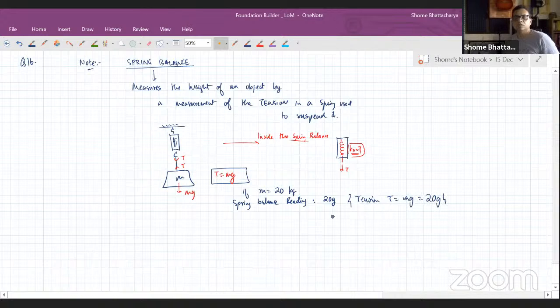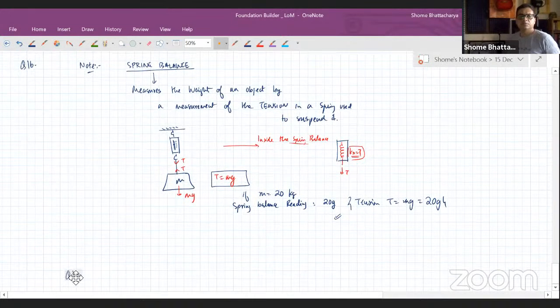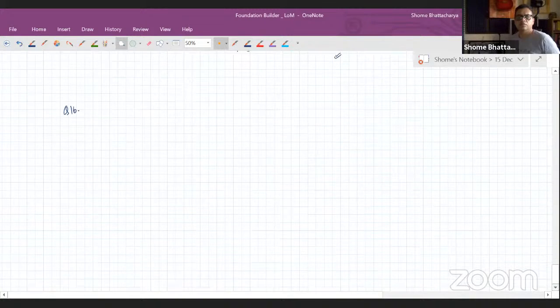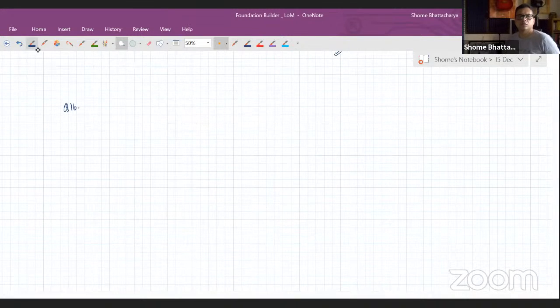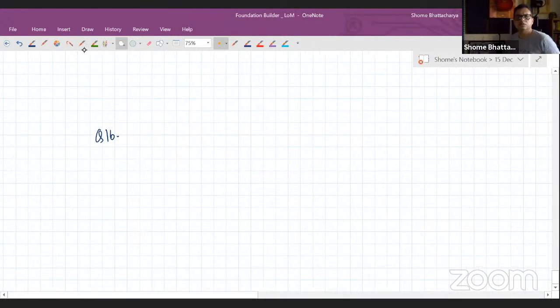So this is how it ends up measuring the weight of an object. Now in the 16th question, we are using a spring balance, but not to directly suspend a single block from a fixed ceiling. We are using it in a rather more complicated situation.